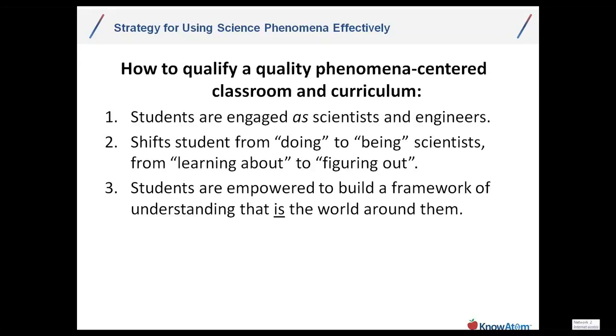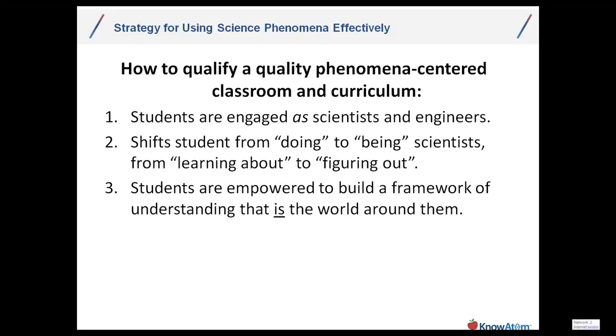A quality phenomena-centered classroom is empowering students to build a framework of understanding out of something that is actually happening or has actually happened. And we'll take a look at that a little closer. So, we could look at Superstorm Sandy as an example.